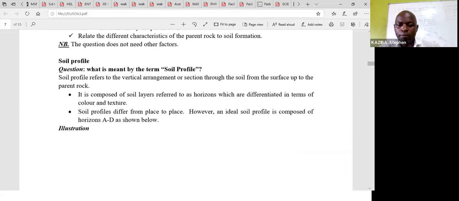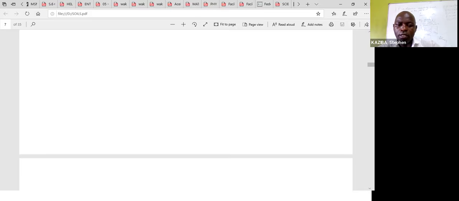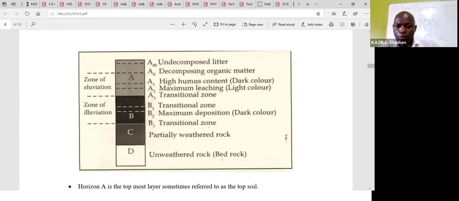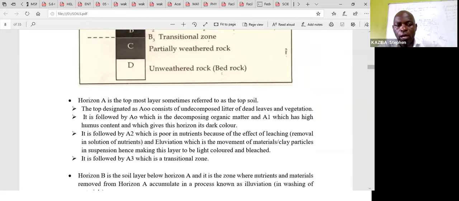Then after that, you draw. After drawing, you describe what you've drawn. Now you describe: a well-developed soil profile is made up of 4 layers, A, B, C, D. Horizon A is made up of, so you explain what you've drawn.